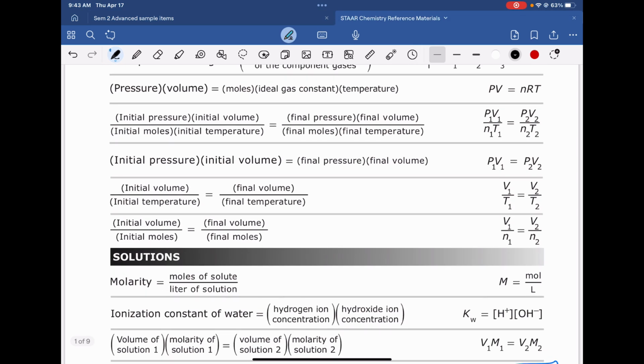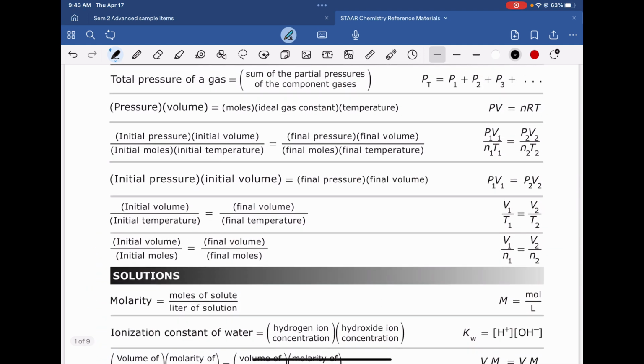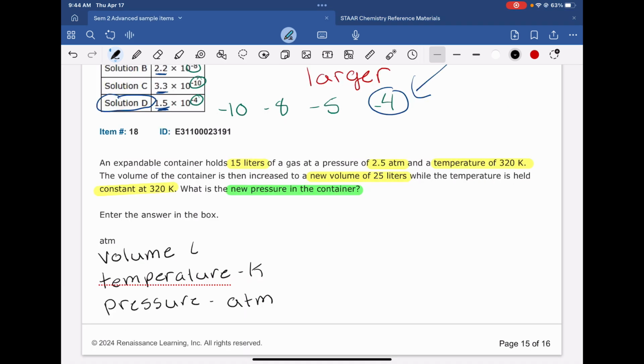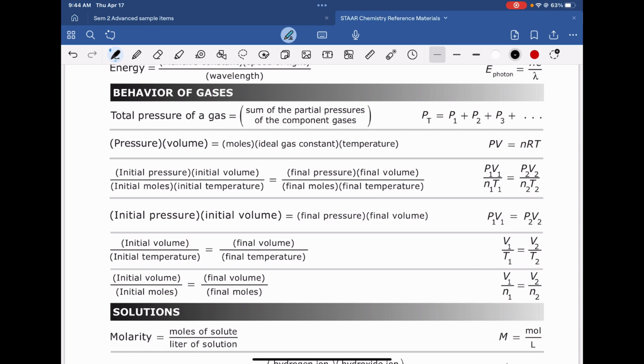Okay, so let's go ahead and take a look at our formula sheet. We have a lot of equations here. We know it's not solutions or thermochemistry, so we're going to take a look at our behavior of gases. We have volume, temperature, and pressure.